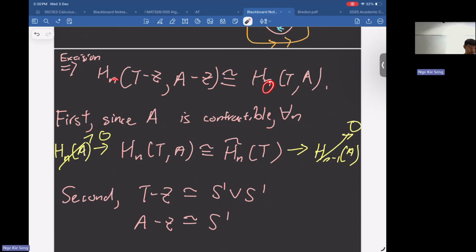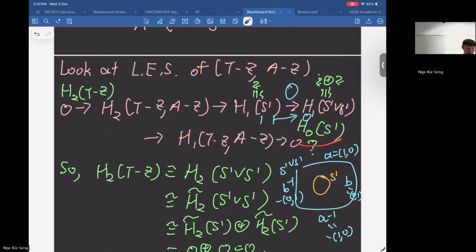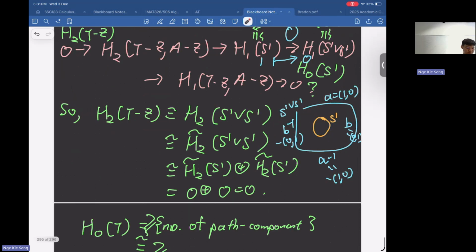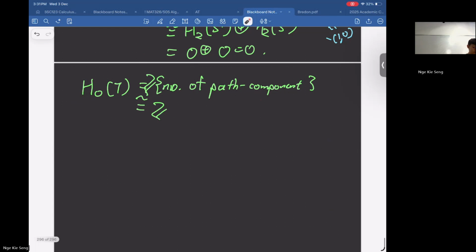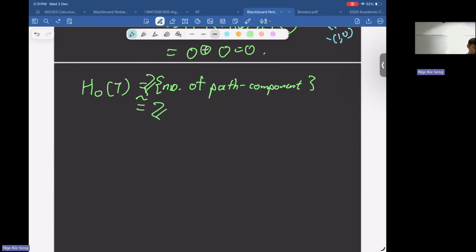So if you put a 0 here, and then what's this thing here? Here is H0 of T minus Z. We didn't quite write it out yet. Should we do that? Or are you happy with counting path connected components? You want to use the long exact sequence to compute it? Or maybe we can put it as an exercise first. If we have time, we can do it. If no time, I'll try to do it in the notes.